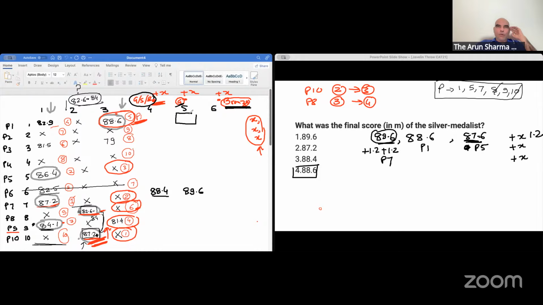P1's best score will still remain 88.6. We don't know whether he threw blanks or he threw values, but his best score is still 88.6 here. And P5 will not raise his score here. He might throw something, but he will definitely not raise his score. But he gets a plus 1.2 here and gets to 87.6. And with this analysis, you are through with the solution.